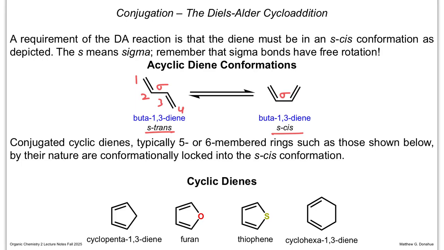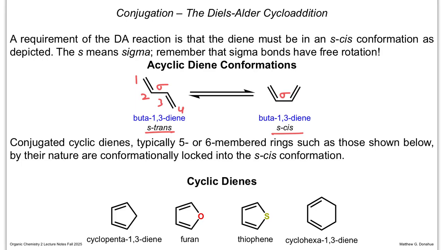When it's like this, you're extending the distance too far, so the transition state can't happen synchronously, or at the same time. So even though this is preferred sterically because you're minimizing interactions of these groups, this is the lower populated conformer just based on that, but it's the reactive conformer.